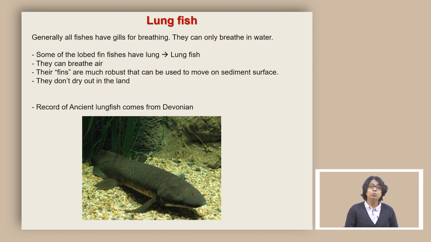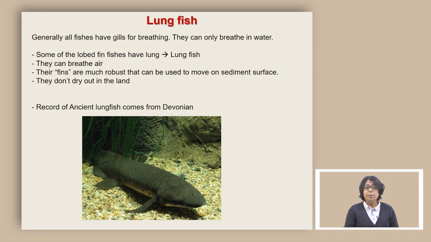So, what they do, they start breathing air, they take a gulp and take an air bubble and breathe through it. More importantly, they move from one part to the other part of this muddy puddle using their fins. Those fins are the lobed fins. So, they already show characters which tell us that they can survive on land for some time.